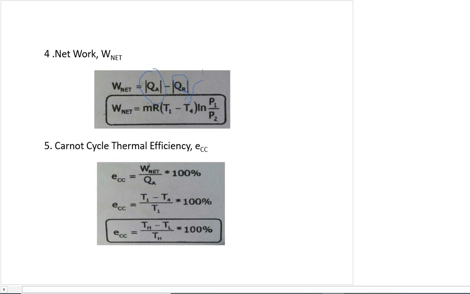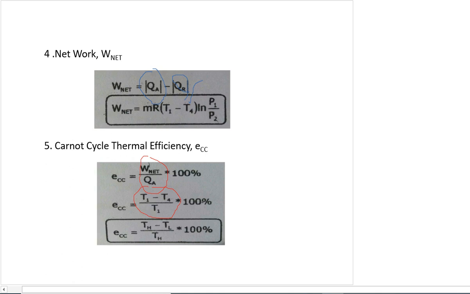Okay. So, kung i-derive po ninyo, i-substitute mo yung mga value kanina, makakagawa ka po ng ganito. Si T1, T-high natin yan kasi mayroon lang tayong dalawang temperature in Carnot cycle.